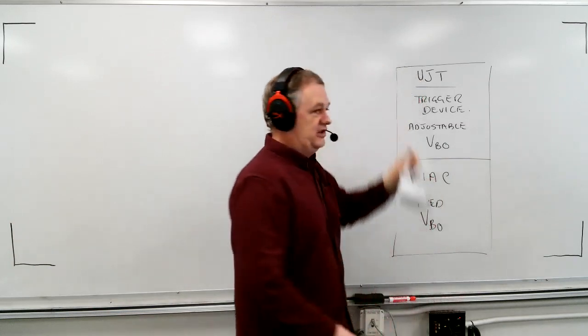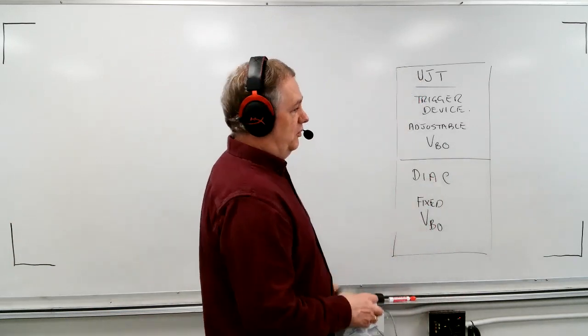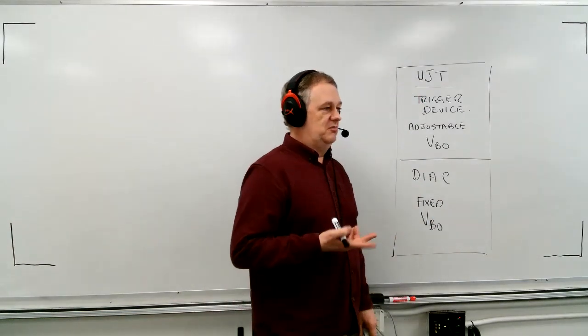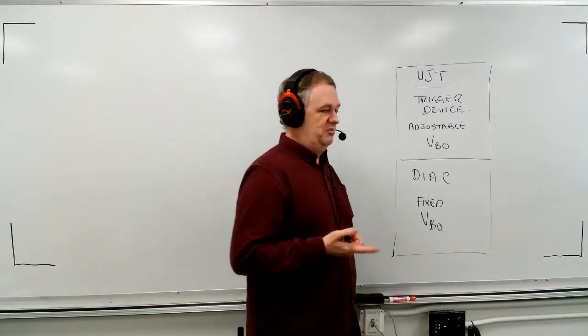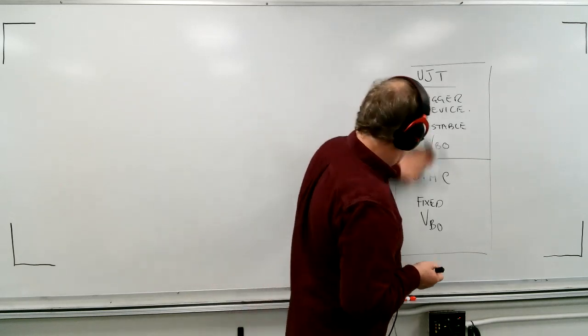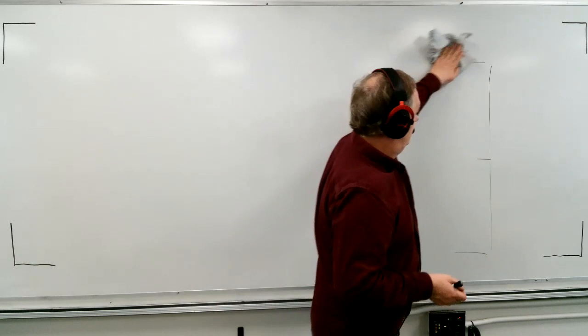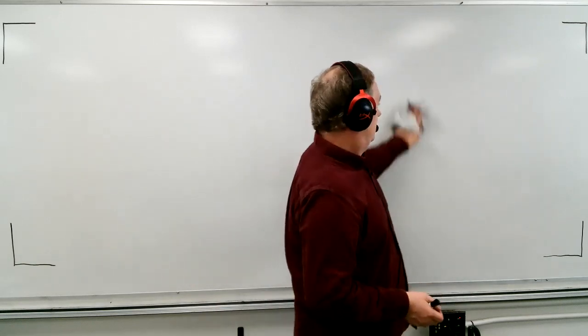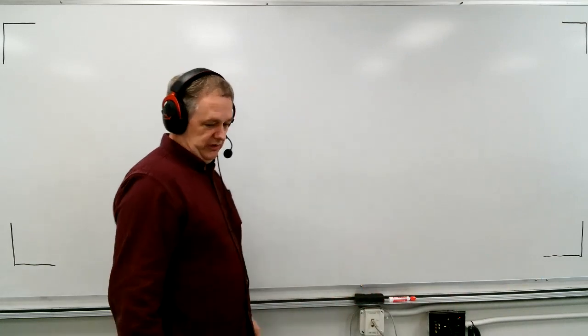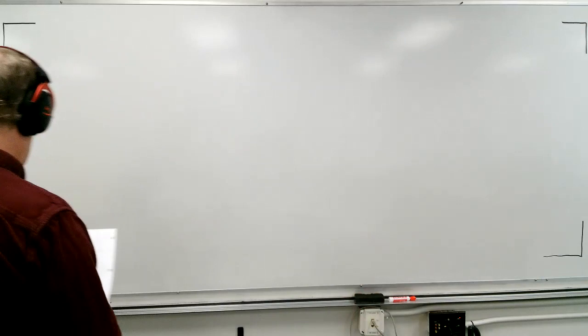I believe you did look at the symbols for one that is a P channel and one that's an N channel when we did that first assignment on symbols of electronic components. So in terms of the UJT, that's about it.